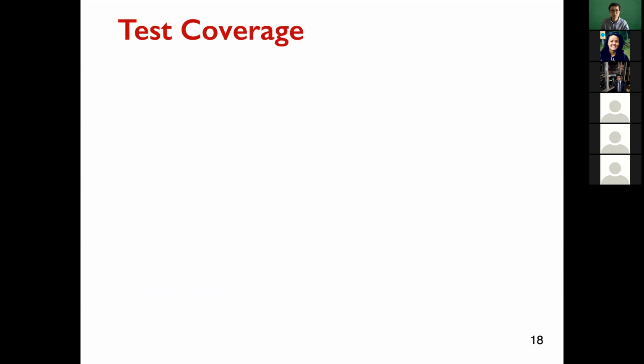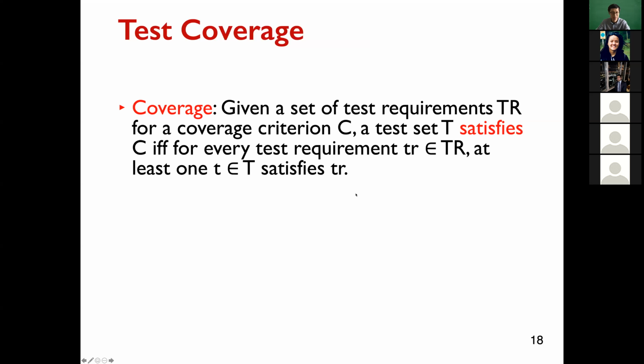So what is the definition of test case coverage? Test case coverage is basically defined this way.